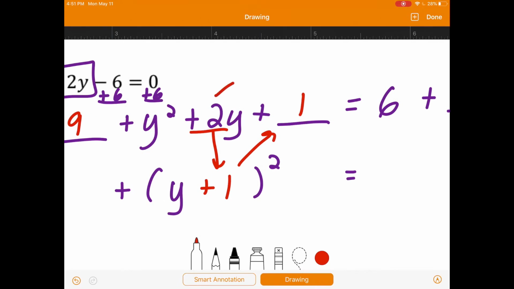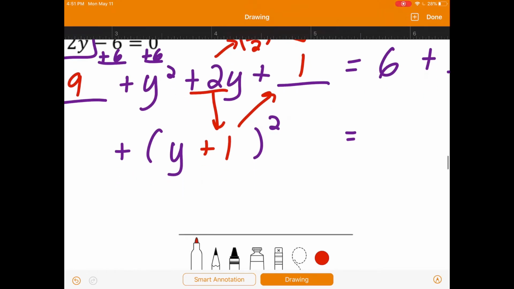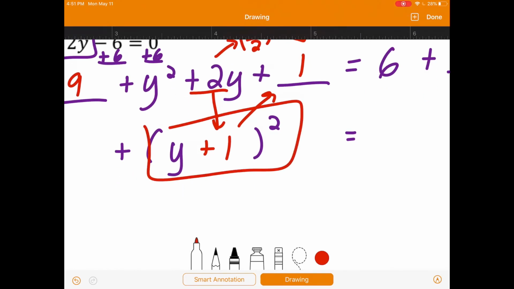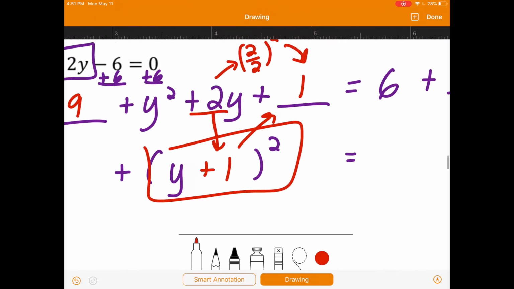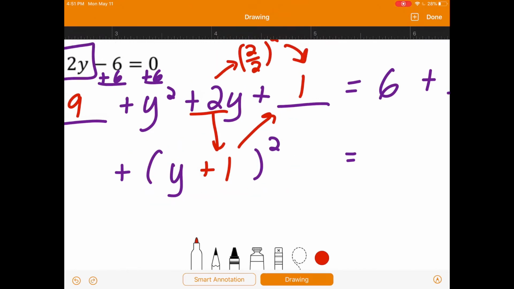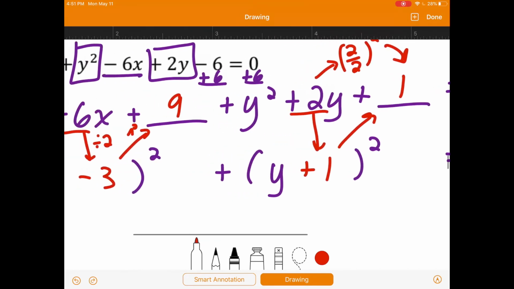So we're still doing the same steps. We're still taking this and we're doing this divided by 2 and then squaring it and putting it here. But now our next step of factoring is already done for us, because when you factor, it's always going to be half of whatever this number is anyway. So we just wrote it down as one of our steps.